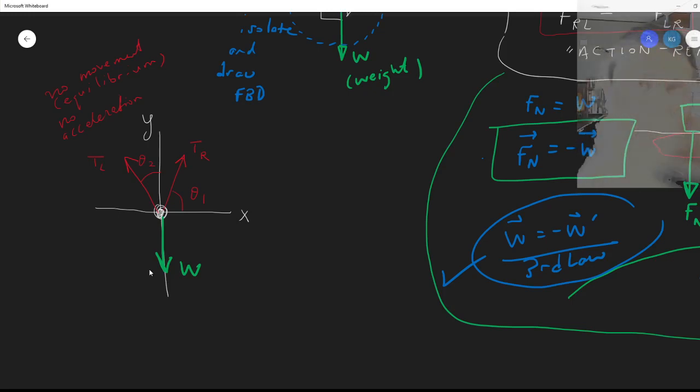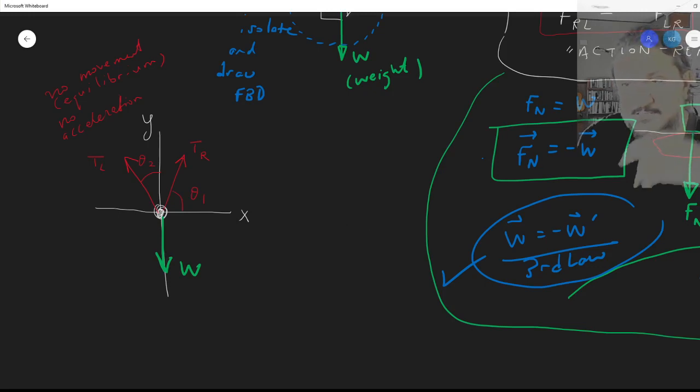Using same kind of reasoning, I can use this free body diagram to come up with equations that involve these three forces, TL, TR, and W. But the good thing is I can do it in terms of the components of these vectors by using the Cartesian coordinate system.